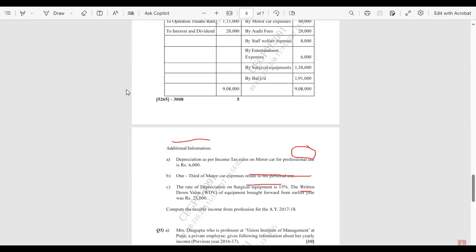I hope I'm able to make it clear. So when you're solving these numericals, first find out business and non-business, then find out permissible limits, and accordingly adjust your net profit given and find out the taxable income from business and profession. If any doubt, again you can post in the chat box or let me know by unmuting.